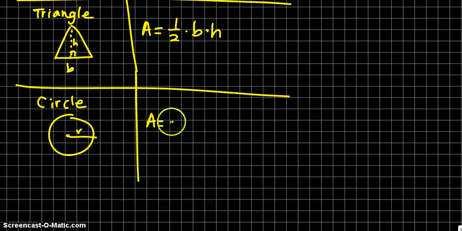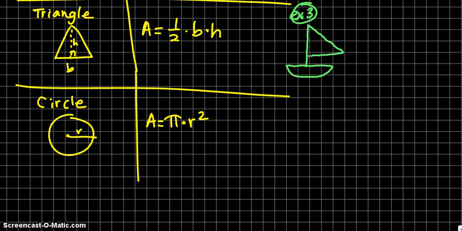The area is pi times the radius squared. So just like with the perimeter, you're going to get some easy questions where they might give you a figure and just say, find area. We want to focus here more on the more difficult questions that you might not remember from middle school and geometry.